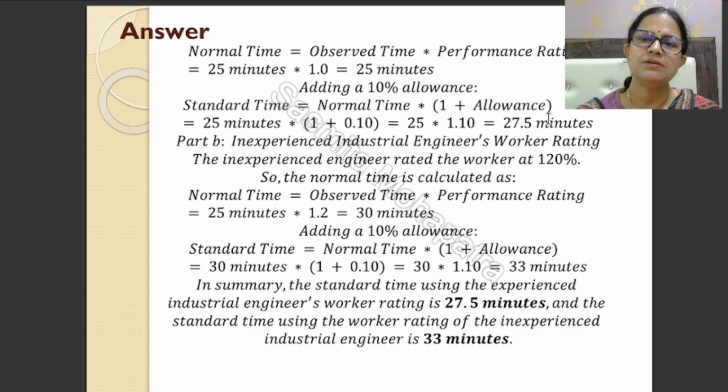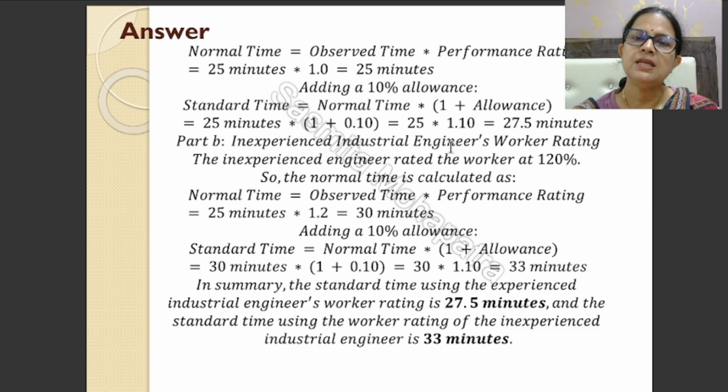Adding a 10% allowance, we get the standard time equal to normal time into, as the allowance is given on normal time, normal time into 1 plus allowance, that is 25 minutes into 1 plus 0.10, which gives 27.5 minutes. So part A is by the experienced engineer.